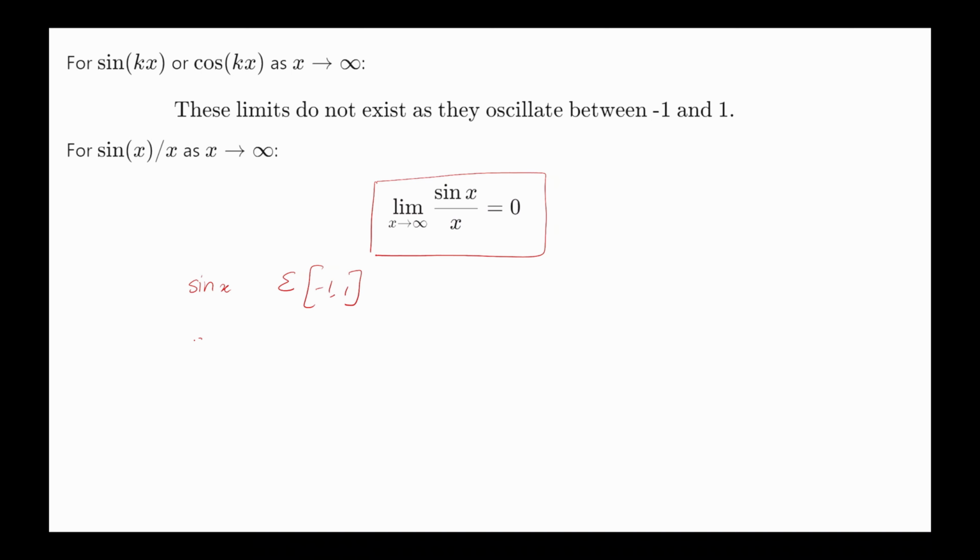That means if I look at sin x by x, whatever be the value of x, I would get the range as from -1 to 1 in the numerator, right? And in my denominator, if I put x as infinity, what would I get? x would simply become infinity here.